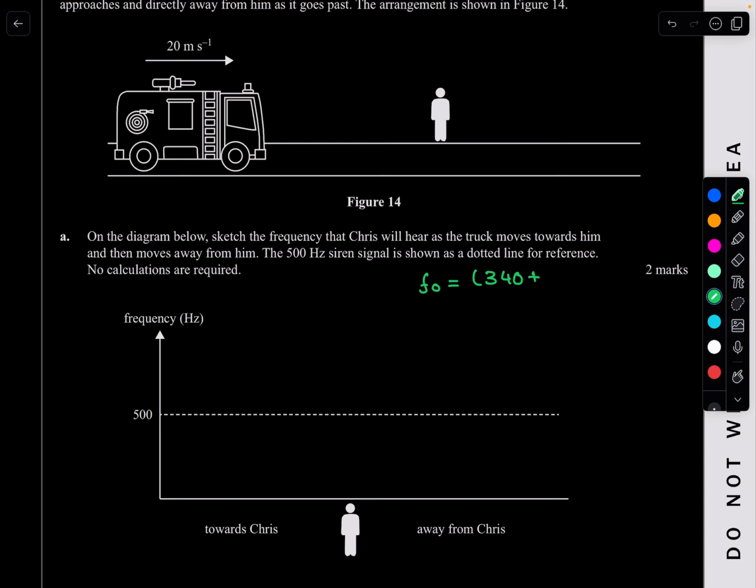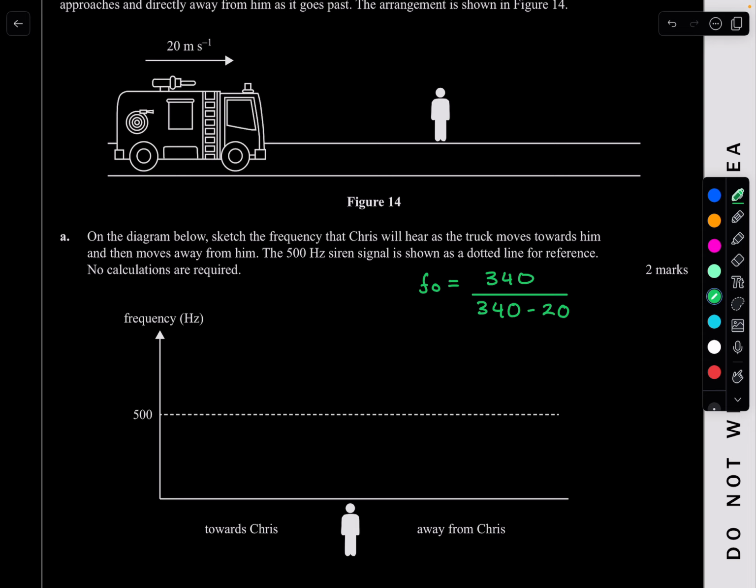It's the person who's measuring it, just standing still. So we can just say 340, over the speed of sound plus the velocity of the source. Now, it depends on the velocity of the source. If it's approaching you, it's going to be negative 20 meters per second.